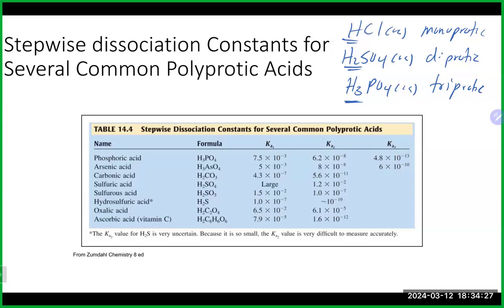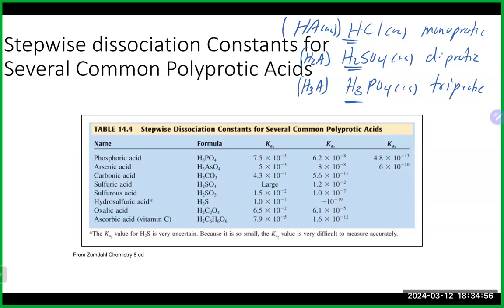Once again, you could also symbolize these by generic formulas like HA, H2A, and H3A. Maybe a throwback to 200A when you did the titration experiment. That's sort of what was going on there. Now, if we take something like phosphoric acid, for example, it actually comes off, as I mentioned, in a stepwise fashion.